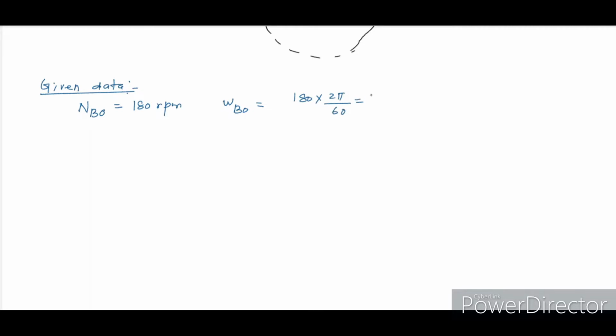So it is 18.85 radian per second. Now length of OB is given, that is 0.5 meter, and length of AB, the connecting rod, is given 2 meter. Length of AE, as I told, is given 1.5 meter.